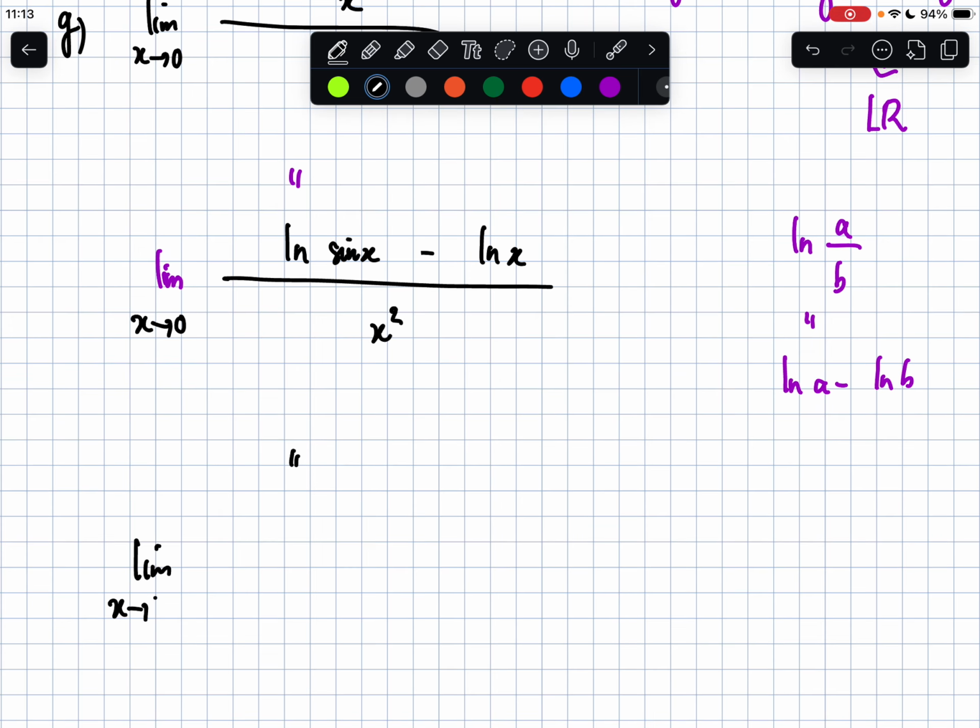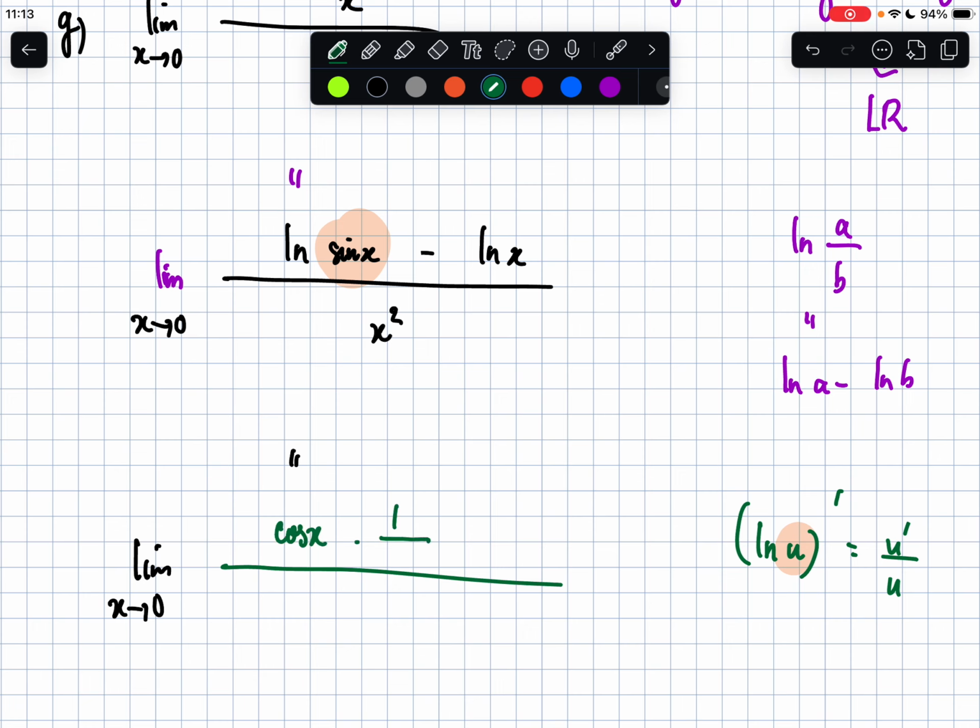Limit x to 0. So this is the derivative of ln u, which is u prime divided by u. You think of u here as sin of x, for example. Limit: sin x prime is cosine x, divided by u.